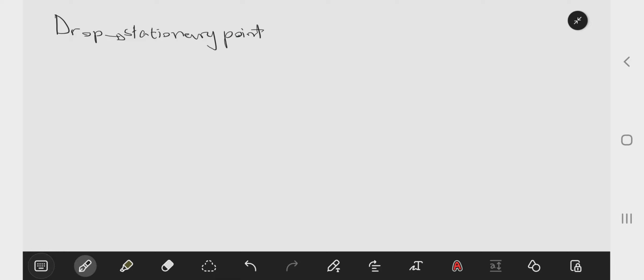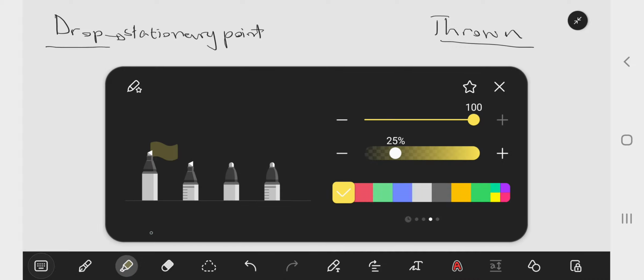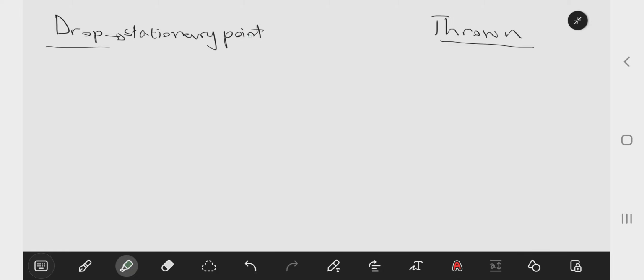The second scenario is when a ball is thrown. If a ball is thrown, it has an initial velocity, so the velocity is not equal to 0 initially. But if you drop an object from a stationary point, then your initial velocity is equal to 0. These are the two scenarios that we'll use to explain this velocity time graph.